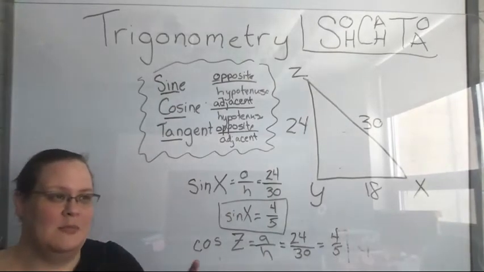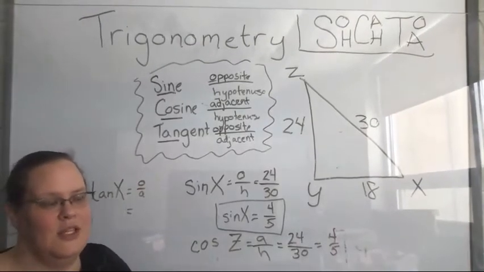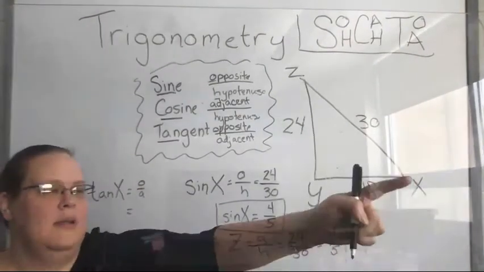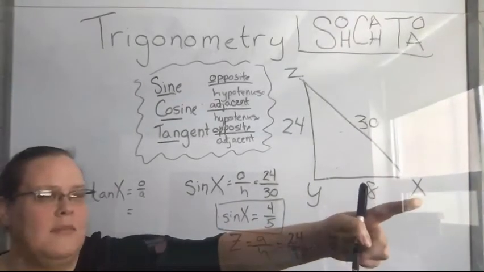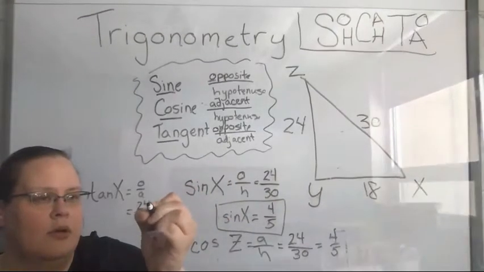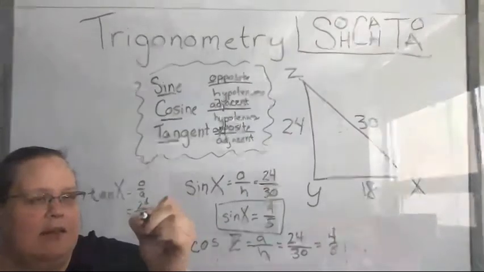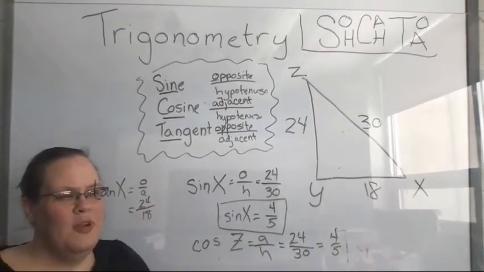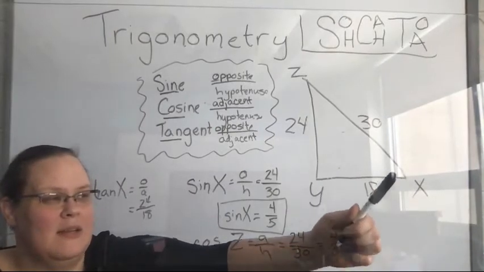Let's look at a few more examples. Tangent of x is the opposite over the adjacent. So the opposite of x is 24, and my adjacent side is 18. Remember that when you're looking at adjacent, you want the side that's touching it.